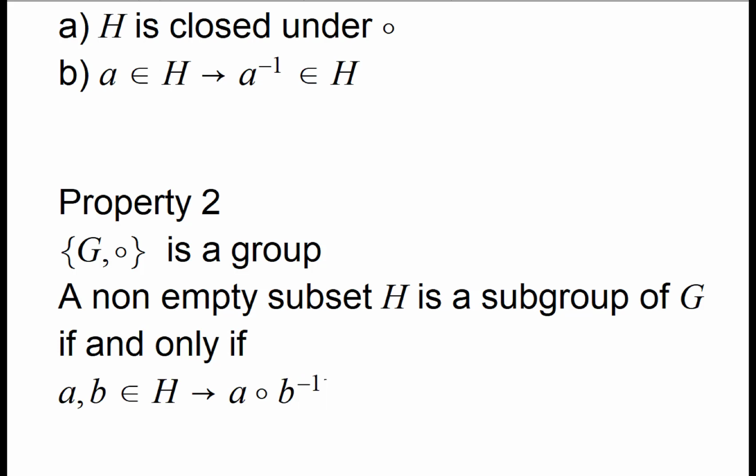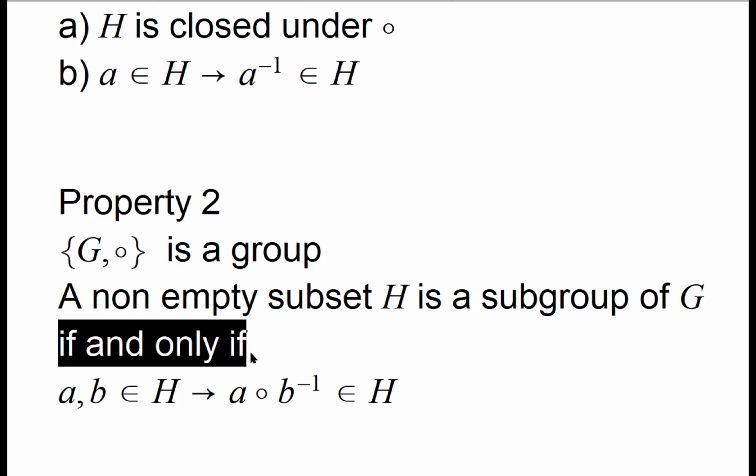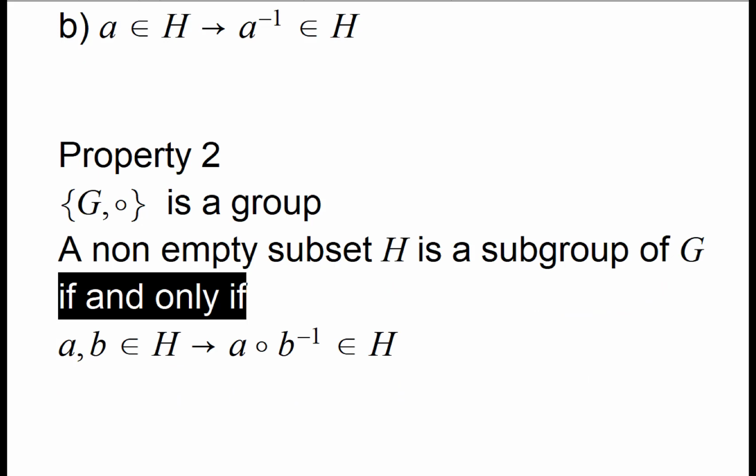Later on, when we are going to verify whether a subset is a subgroup, and we can look at that structure as a group, then this will be easier. There are lots of implications here. We are saying if and only if, right?